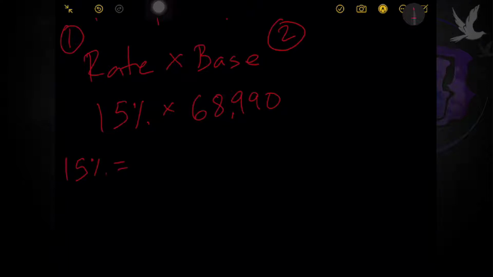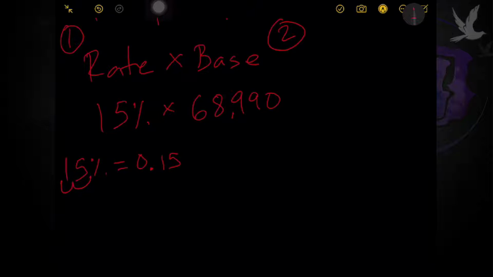Again, percent to decimal, all you have to do is just to move 2 decimal places to the left. So starting here, we have 1, 2. So that's 0.15. But then again, since it's a number, you have to add a 0 before the decimal.